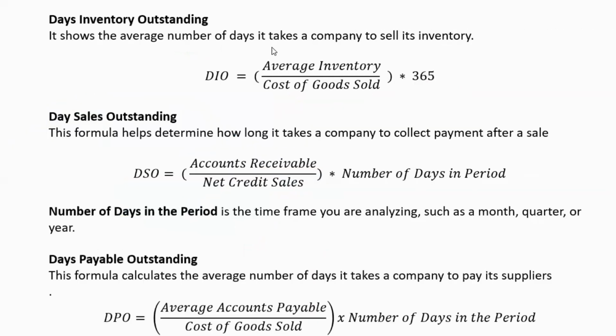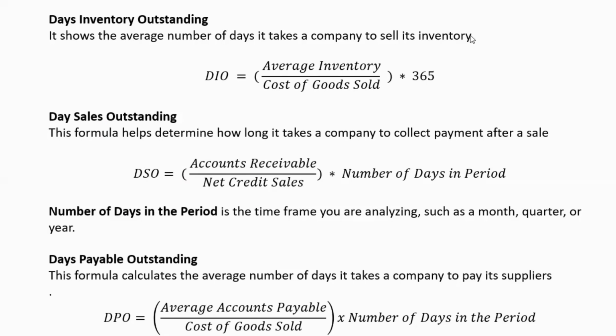Let's delve into the formula. First, days inventory outstanding. It shows the average number of days it takes a company to sell its inventory. Days sales outstanding helps us determine how many days it takes to collect cash from customers after a sale.